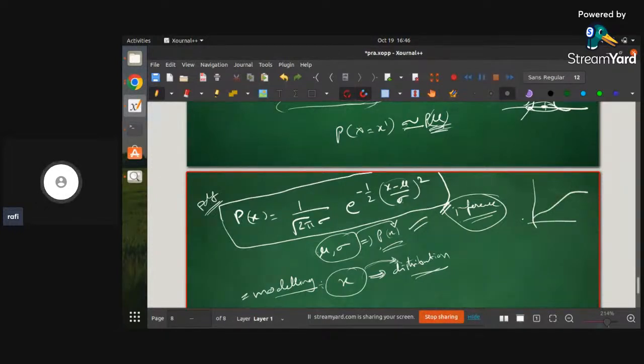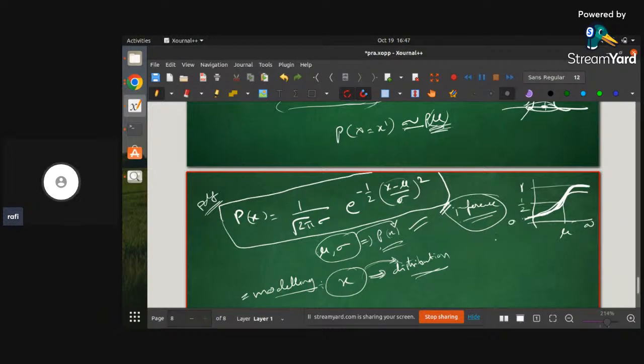So if you integrate this probability density function, you will get the distribution function. For Gaussian, it looks like a sigmoid curve, an S curve. At the mean you have exactly half, and as x tends to infinity, it tends to 1, and as x tends to minus infinity, it tends to 0.